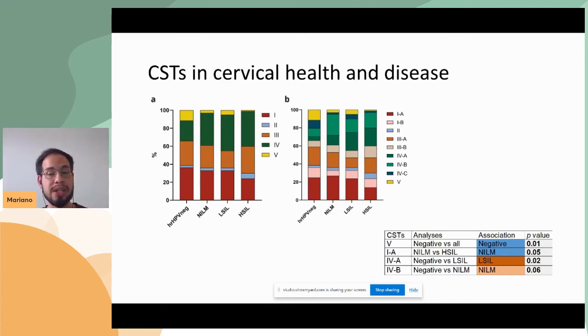CST V was associated with HPV negative conditions, and we found a small association of CST I-A with HPV positive condition without cervical abnormalities, as with CST IV-B. And we found an association of CST IV-A with low-grade cervical lesions.